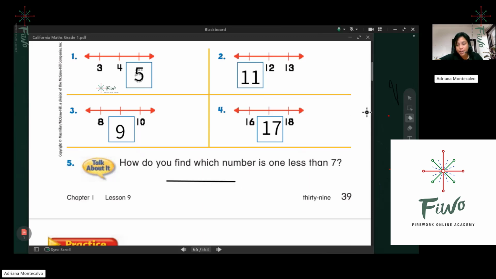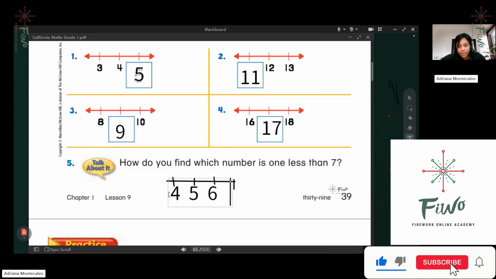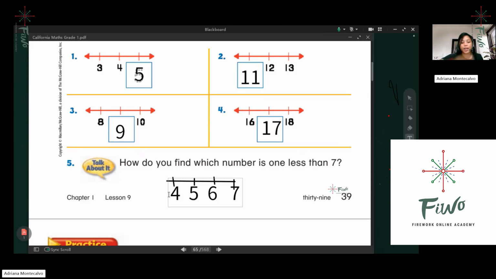Like for example, this one, Kong, let's put something like the number line over there. So let's write 4, 5, 6, 7. So 1 less than 7.